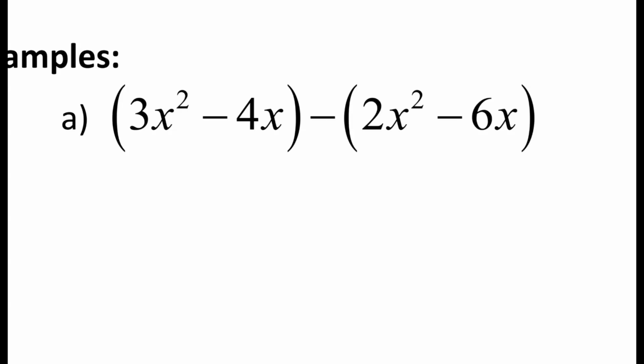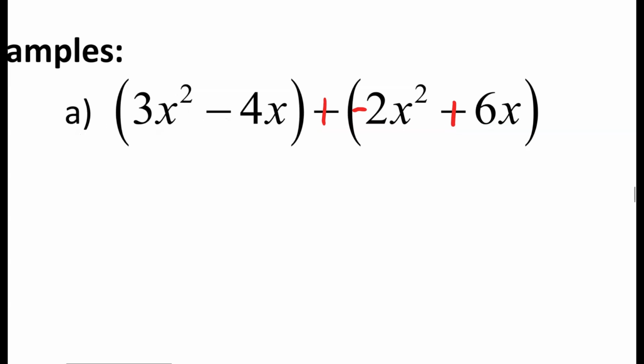That means we're going to change this to a plus and then change every other symbol to the opposite. So where there was no sign in front of the 2x squared, we've now made that negative 2x squared, and it used to be negative 6x, and we've changed that to a positive 6x.